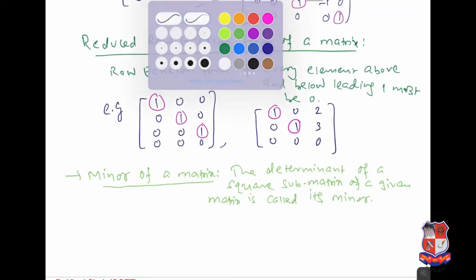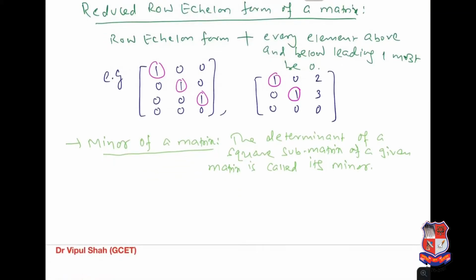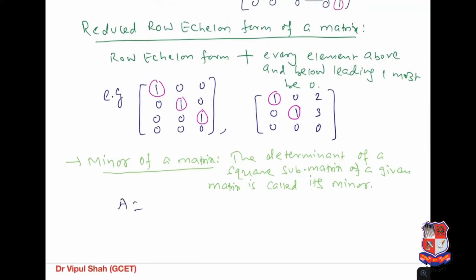Let us have one simple example. Suppose you have a matrix A like this, 1 2 3, 4 5 6, 7 8 9. This matrix has minors, say of order 2, square submatrices.